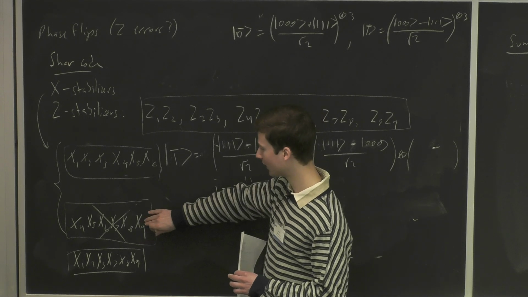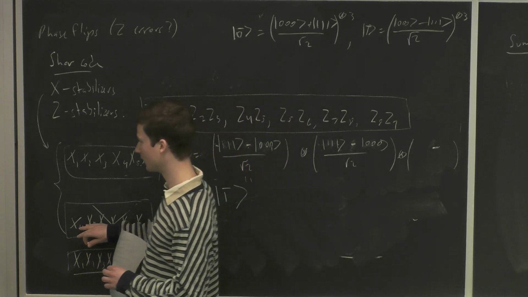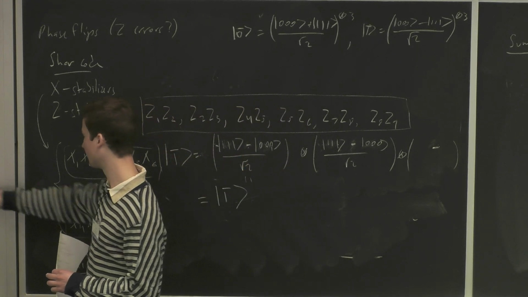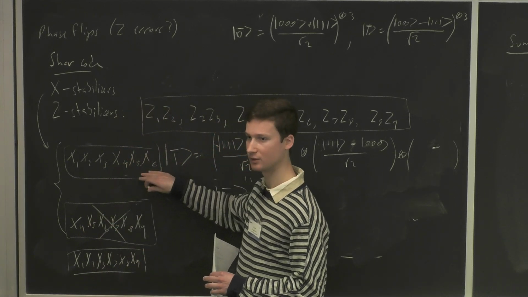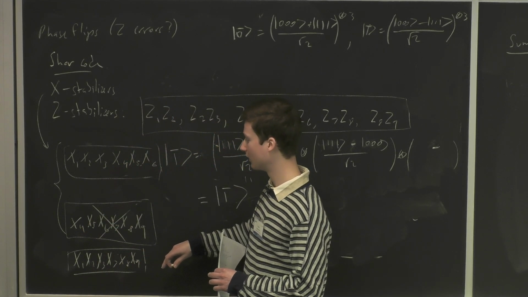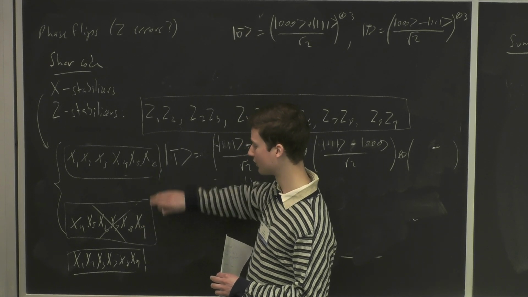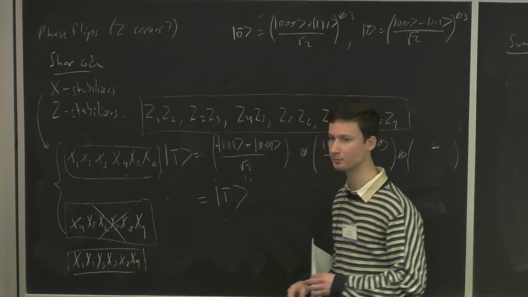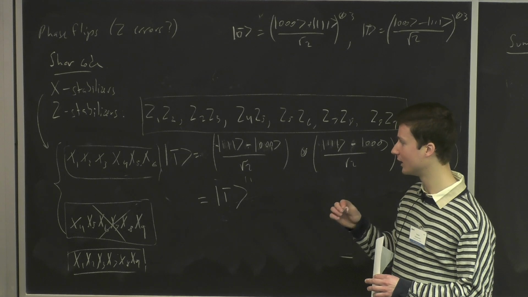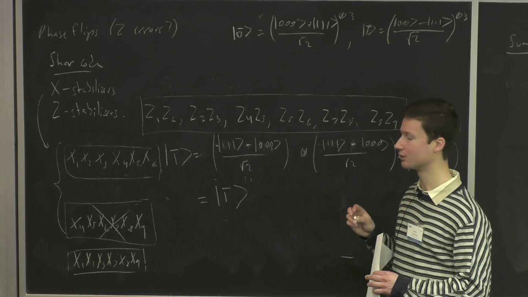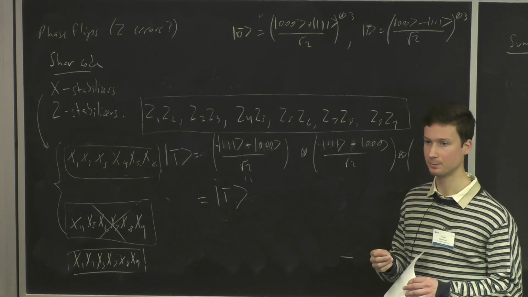The reason is that this stabilizer is the product of these two. So the syndrome bit from measuring this stabilizer would be the product of the measurement outcomes for these two stabilizers. So we can essentially deduce what the measurement would have been for this stabilizer by measuring these two and multiplying their outcomes. In general, we really only need to measure some stabilizer generators, just enough so that we can uniquely identify the error.